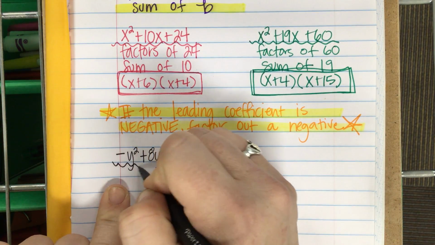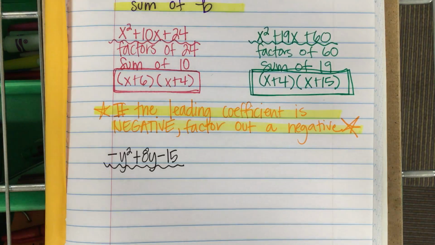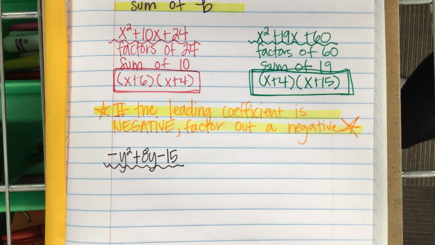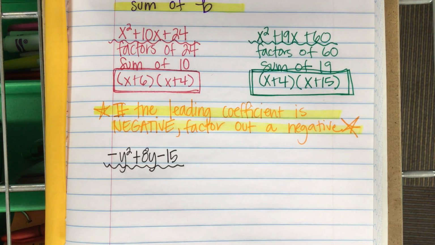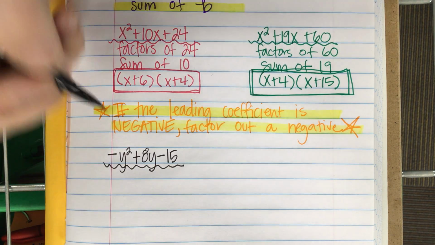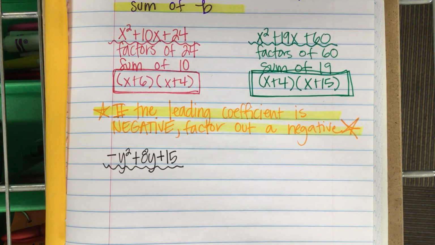I cannot start this problem. I cannot say factors of negative 15 that have a sum of positive 8. I can't. I'm going to change that to positive.